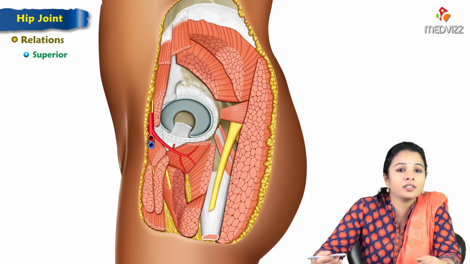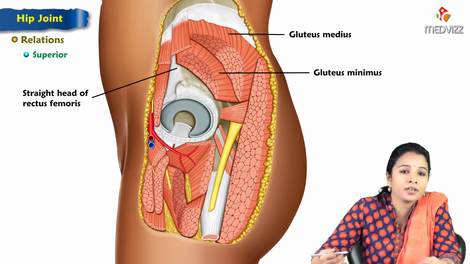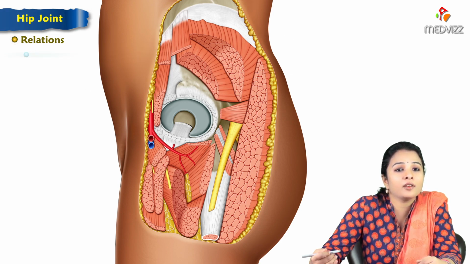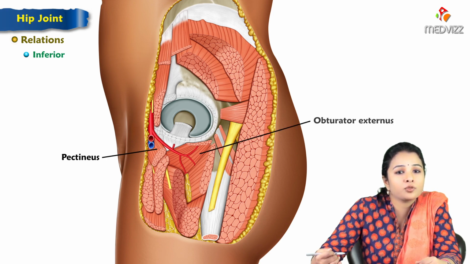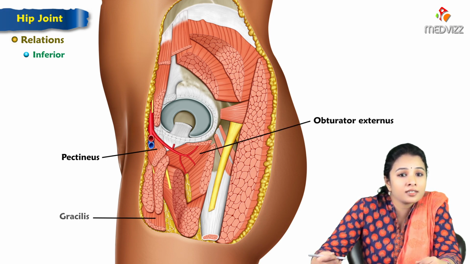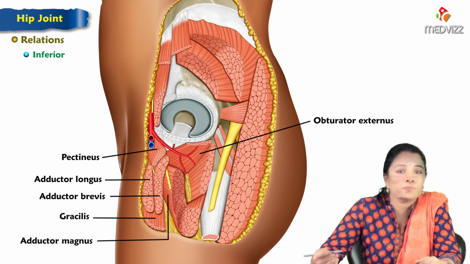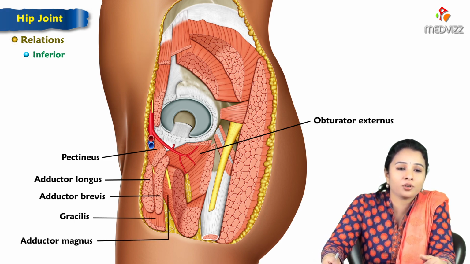Superiorly, the hip joint is related to gluteus minimus and medius, straight head of rectus femoris. And inferiorly, the hip joint is related to pectineus, obturator externus, gracilis, adductor longus, brevis and magnus. So these are the relations of the hip joint.